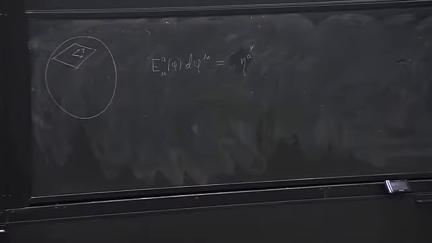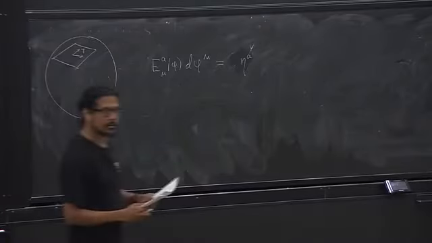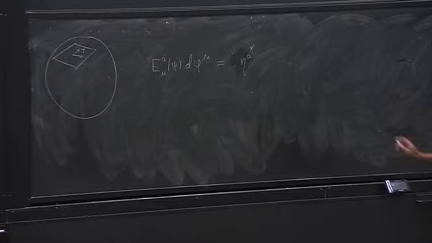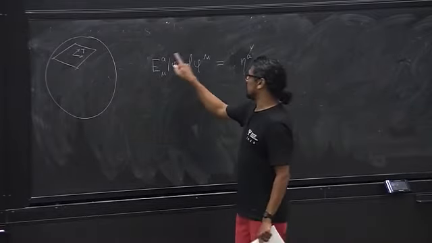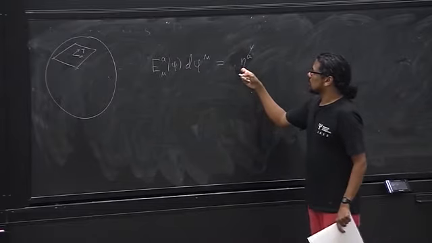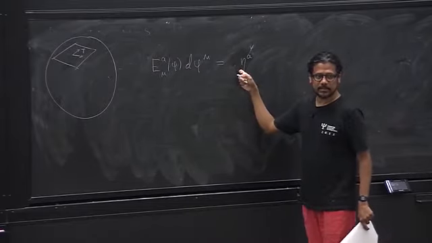Is E a tensor that's defined by the group element G? Sorry? Is E defined by the group element G? So what the E does is that it gives you a basis of one forms.